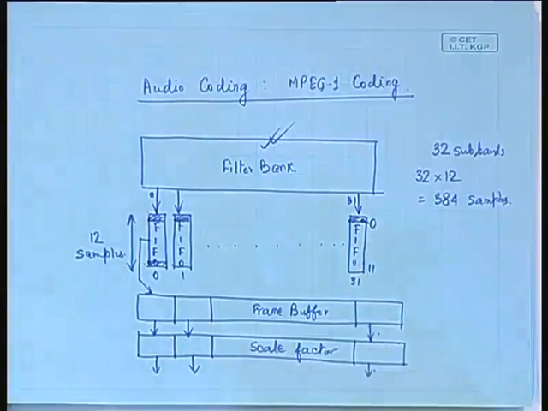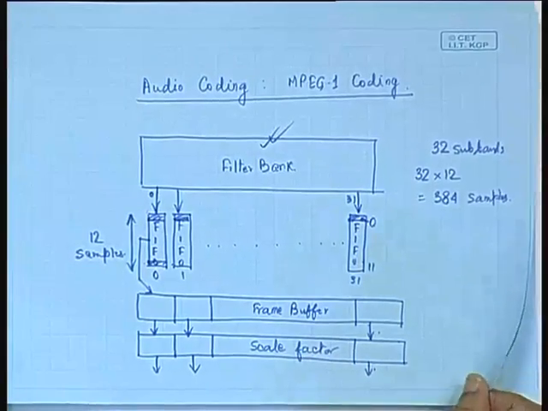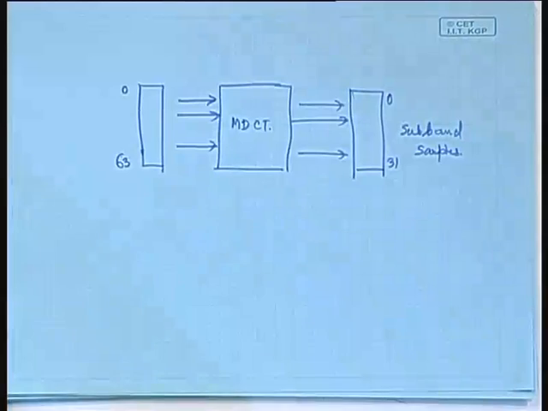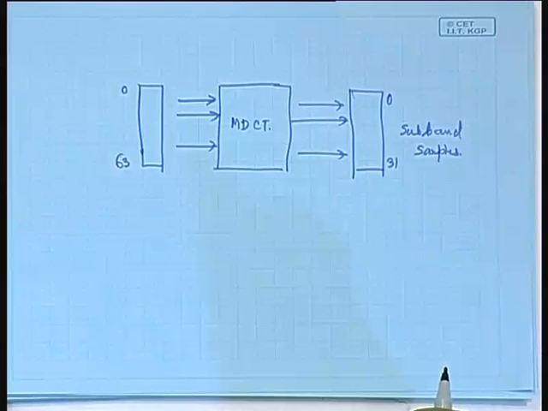On these 384 samples we put them into the frame buffer, perform the scaling, perform the quantization, and it is not only the encoded samples, but also the bit allocation information, the quantization information, the scale factor information, all these have to be put into the channel.